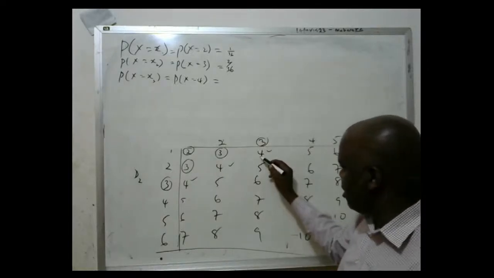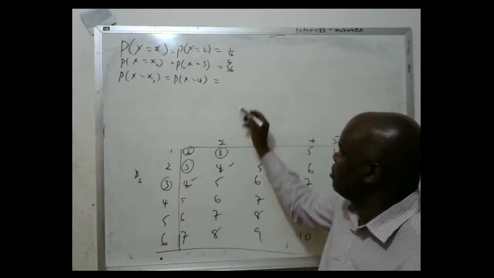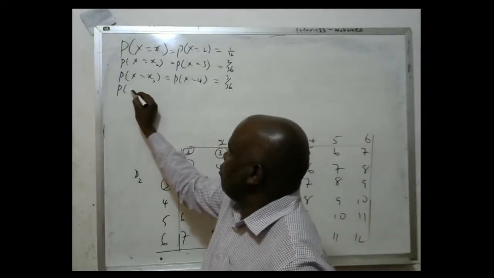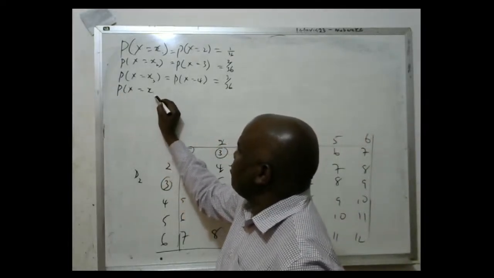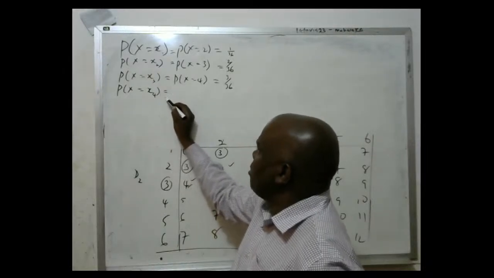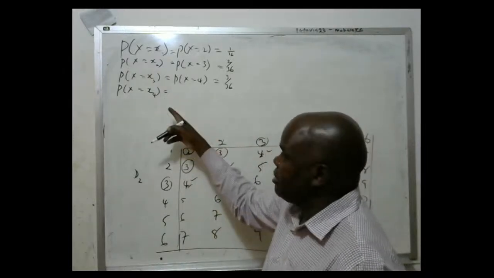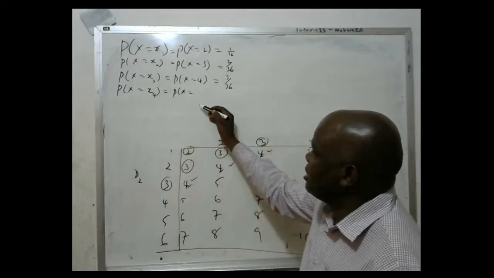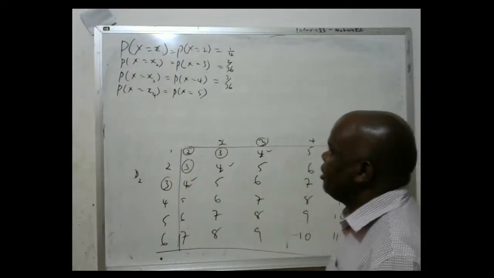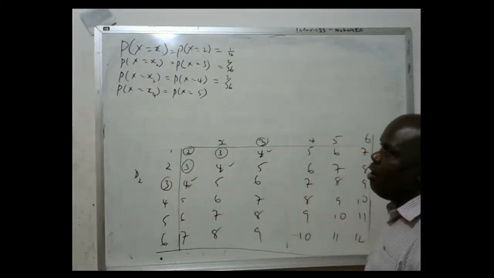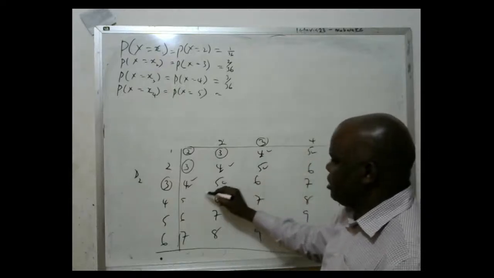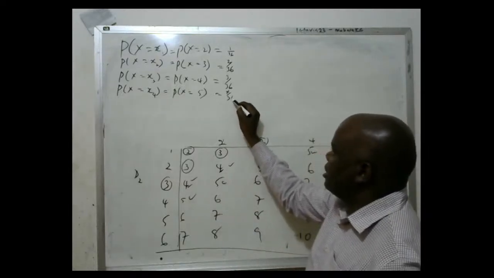How many 4s are here? 1, 2, 3. So that's 3 out of 36. The fourth observation, the fourth sum, I'm calling them x. So the probability of getting a 5. Now what is this probability? How many 5s are here? 1, 2, 3, 4. So that's 4 out of 36.